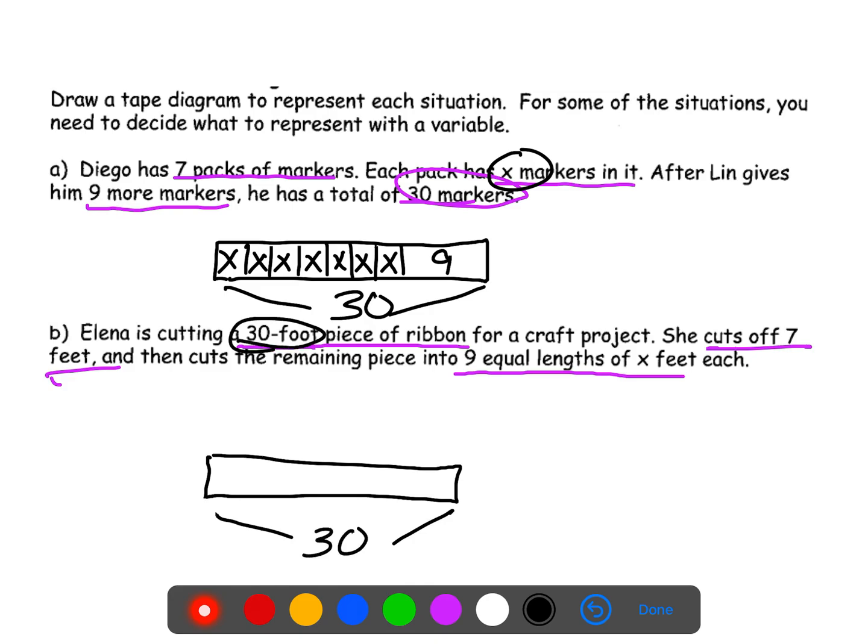All right, so we're looking very similar to what we last did in part A. And cuts off 7 feet. So 7 feet is removed. I'm going to actually keep that here at the end. And the rest is cut into 9 equal lengths of X feet. 1, 2, 3, 4, 5, 6, 7, 8, 9. All of X feet in length.